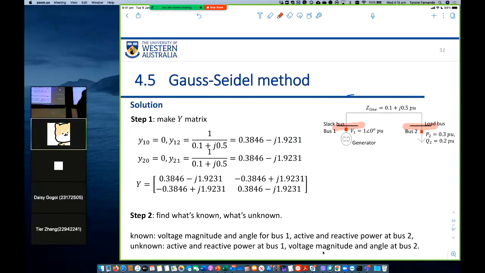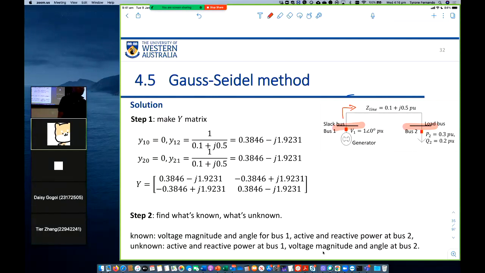Now I ask you the question: if I want to know the power flowing out of bus 1, how can I calculate that? It's the voltage at bus 1 multiplied by the current that's flowing out. What is the current that's flowing out?